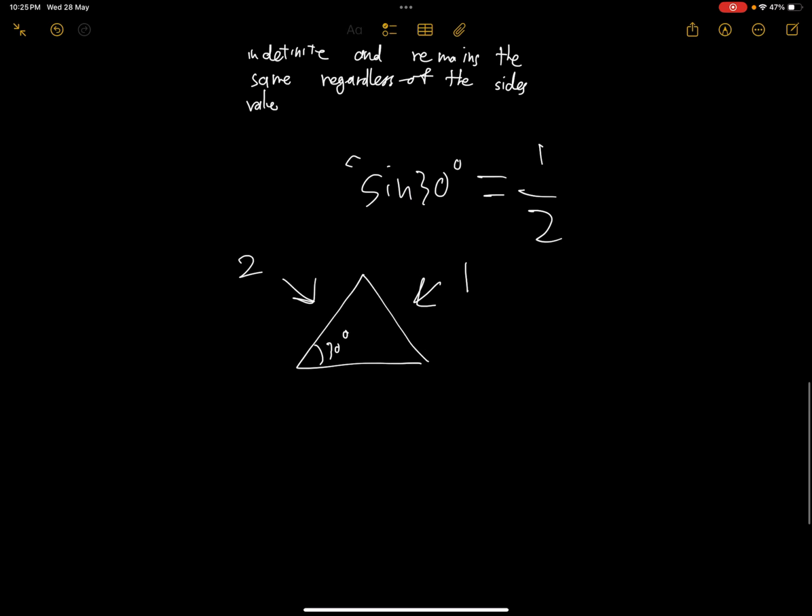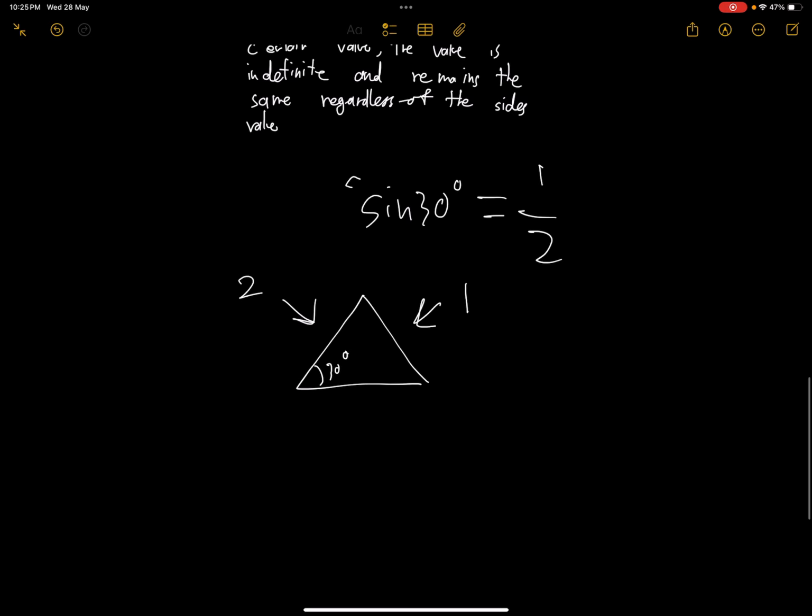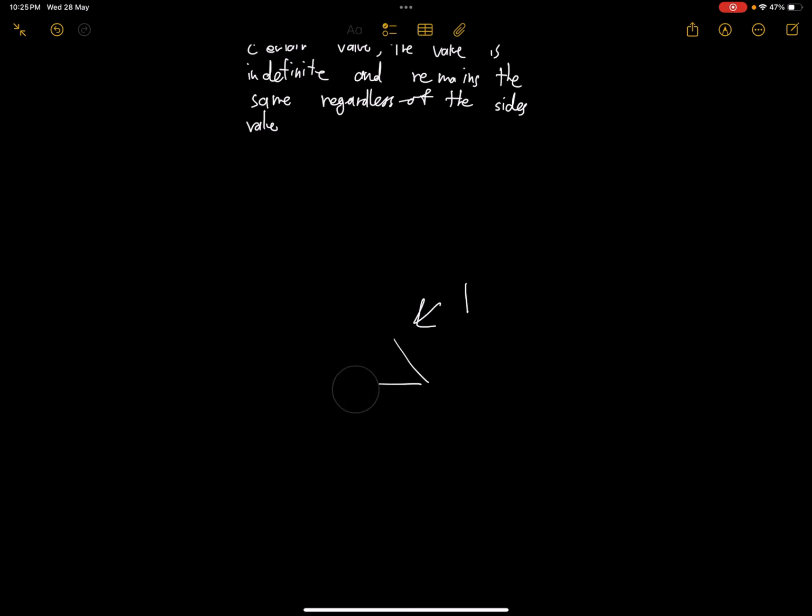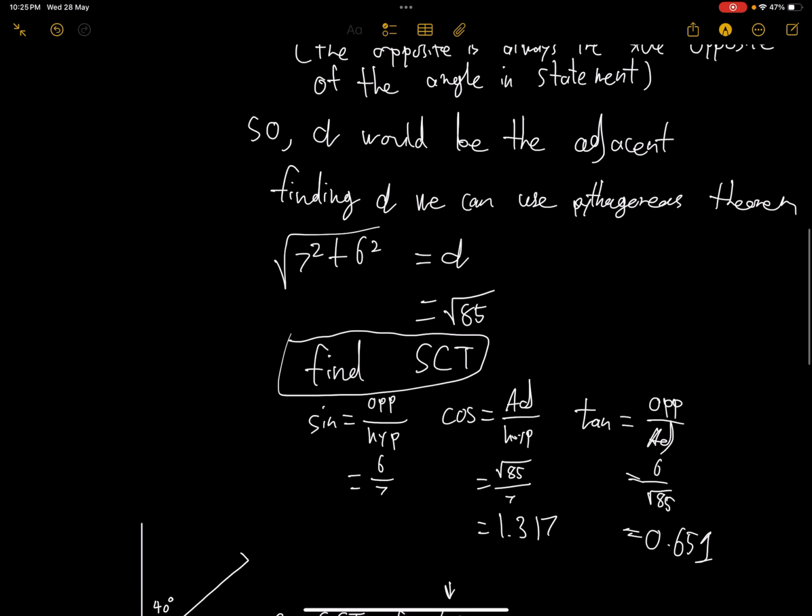This is definite, because the sin of a degree is just an angle. It's infinite. The lines can go on forever, but the angle will remain the same. So the values are technically always the same. I can explain this further if you don't understand.